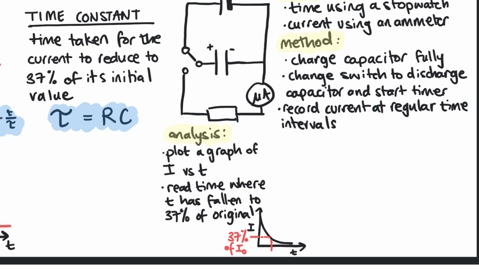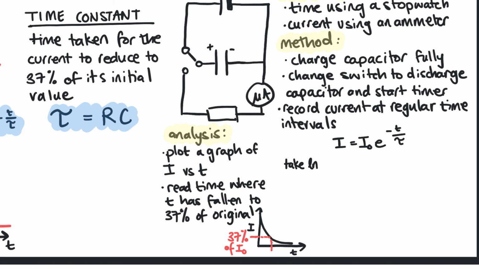If we look at the equation, I is equal to I0 e to the minus t over tau, where tau is the time constant, what we could do is take the natural logs of both sides.